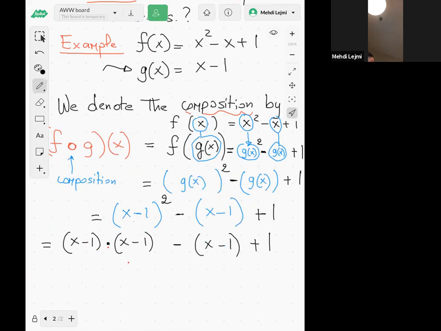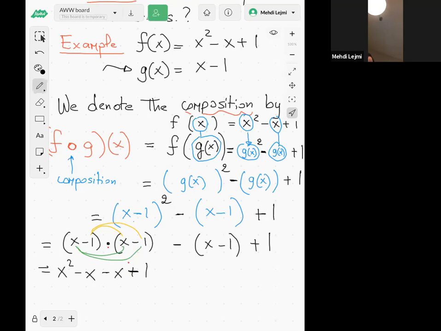Okay, so now you distribute, like x times x, x times 1, etc. So this is x squared minus x, and then do the same for 1. It's going to be another minus x, minus 1 times minus 1, that would be plus 1, right?